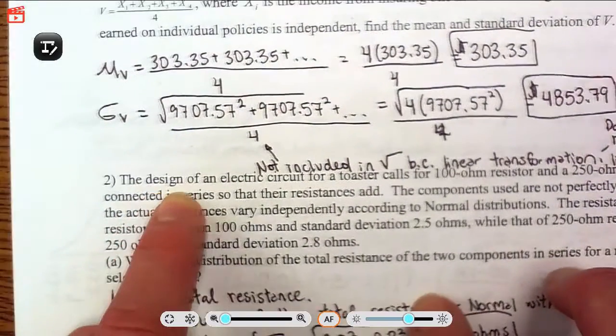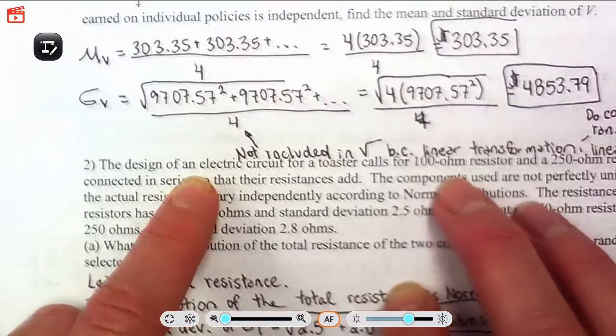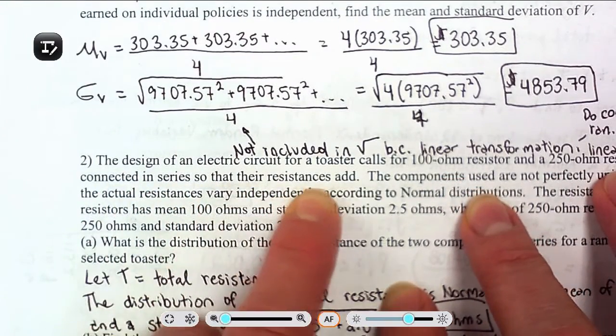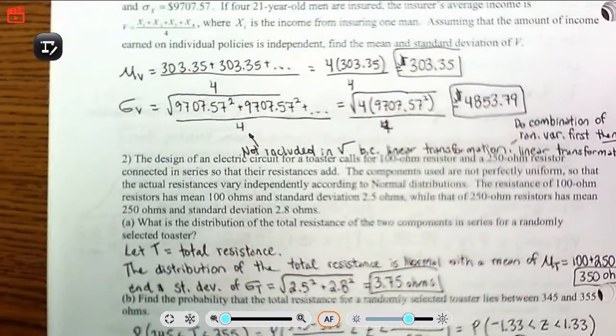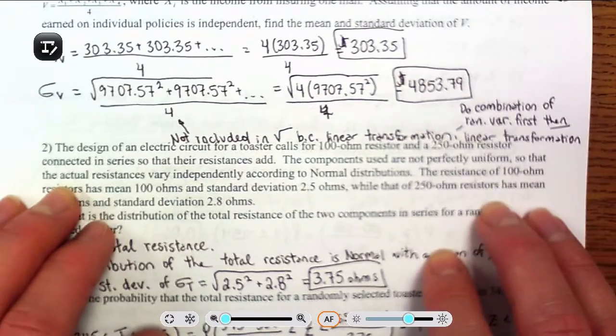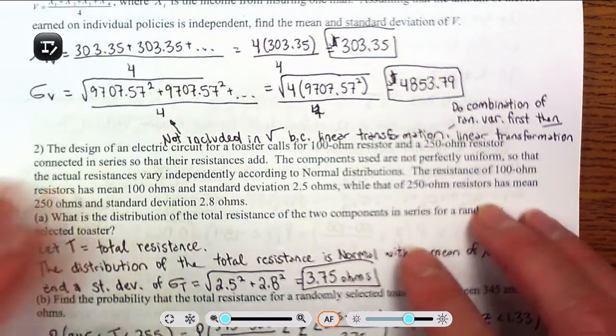The design of an electric circuit for a toaster calls for a 100 ohm resistor and a 250 ohm resistor connected in series, so their resistances add. The components used are not perfectly uniform, so the actual resistances vary independently according to a normal distribution.